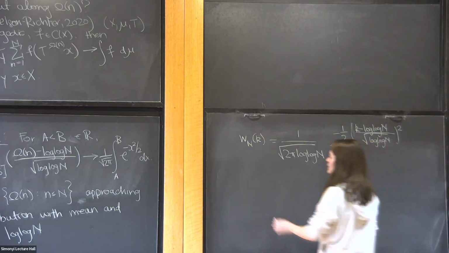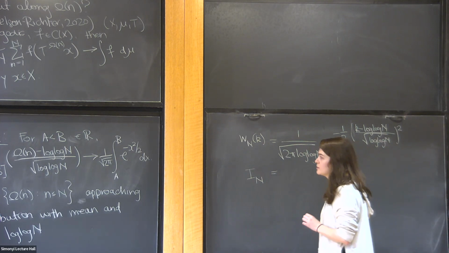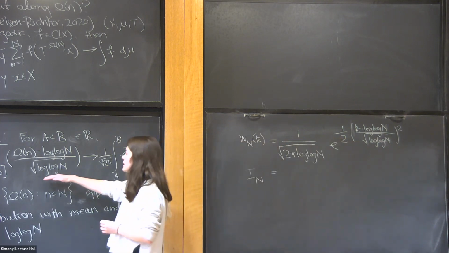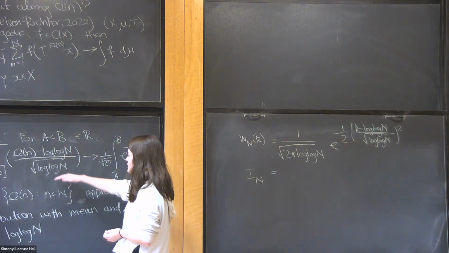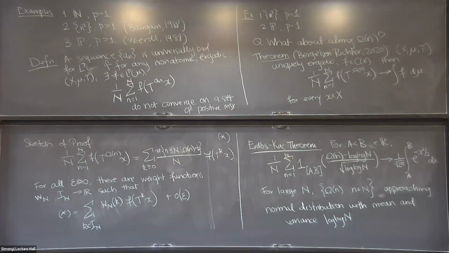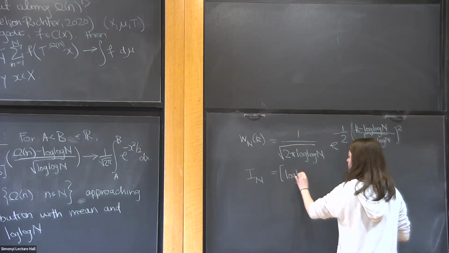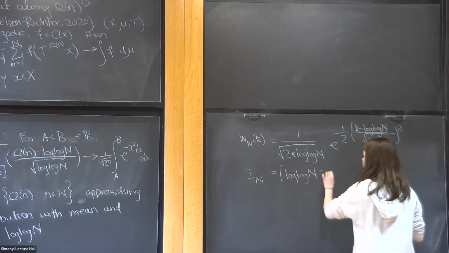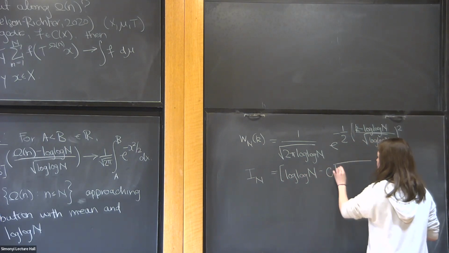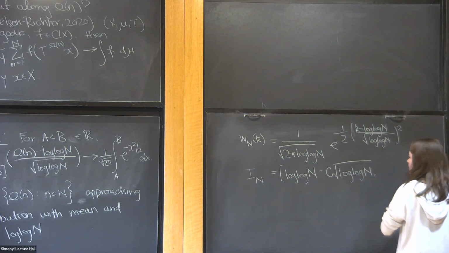And the intervals are going to be also exactly the same as the ones appearing in the Erdős-Kac theorem. Right, so here I didn't really write it as looking like intervals, because this is counting for which n does omega n land in this interval centered around log n, plus or minus some constant times the square root of log n.